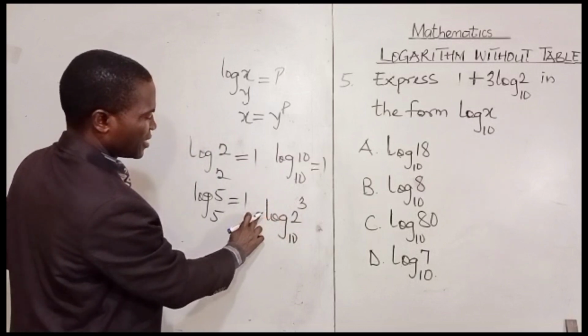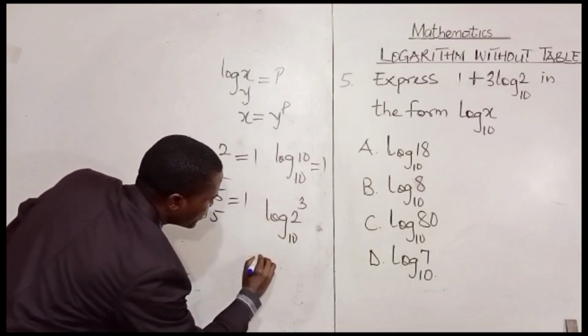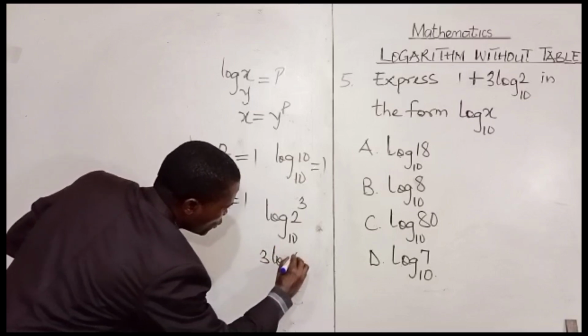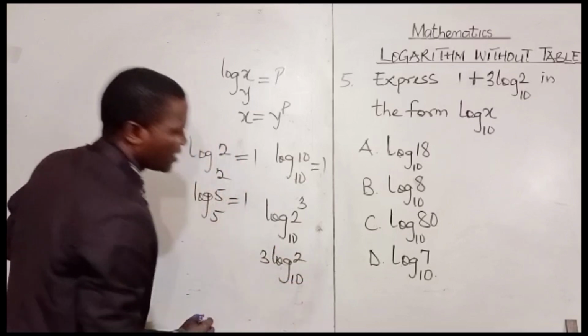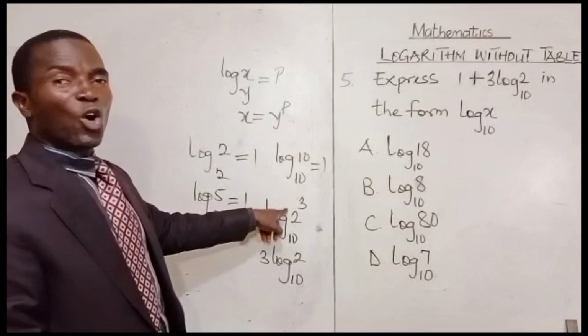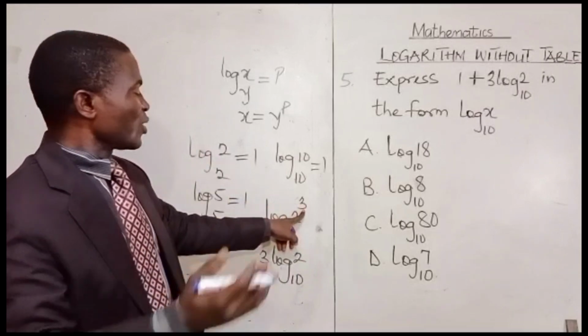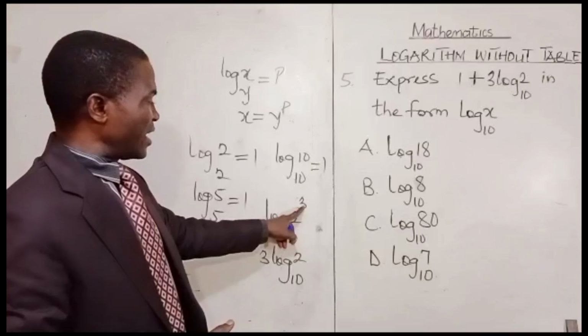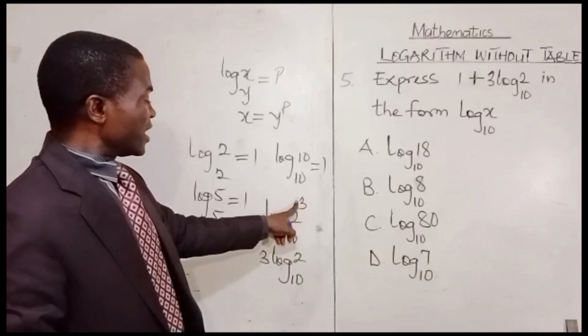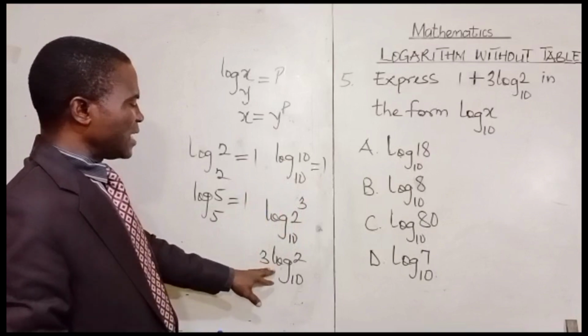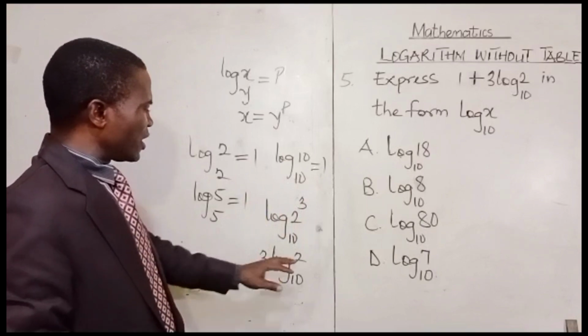That means this now becomes 3 log 2 base 10. This is the law called the power law. The power, which is 3, the index, has been transferred from one place to another, and that is how it becomes this.